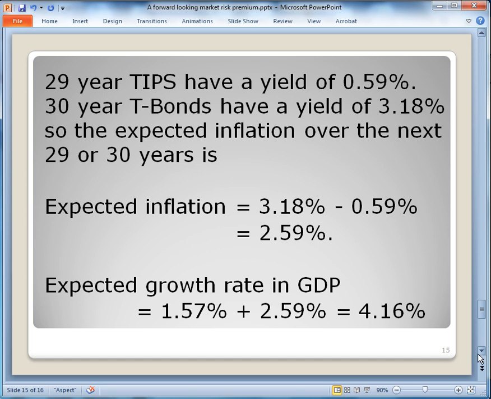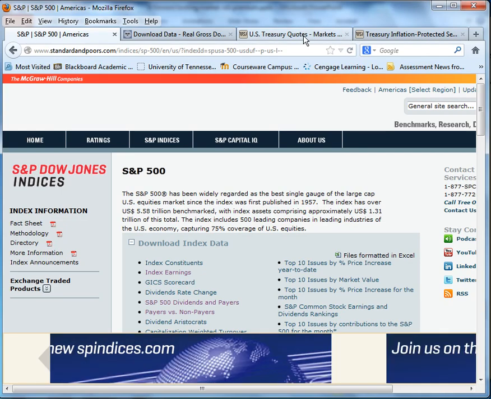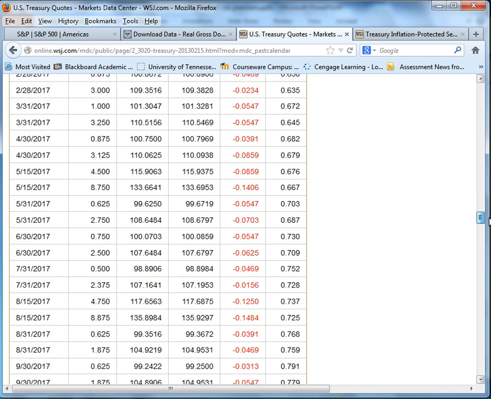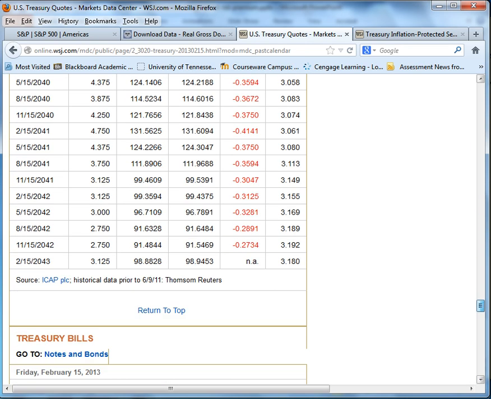You can get this out of the Wall Street Journal, and let's just go ahead and look and see what it looks like. If you go to the Treasury Quotes, and in this case we did it on Friday, February 15th, you go to the market data section and pull out the Treasury notes, and we go down to the bottom. Because we want long-term rates, we notice that the long-term yield for the longest term Treasury bonds is about 3.180%.